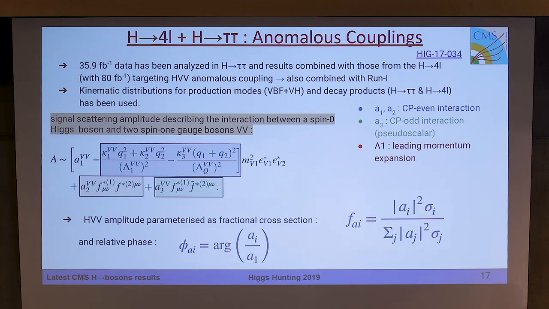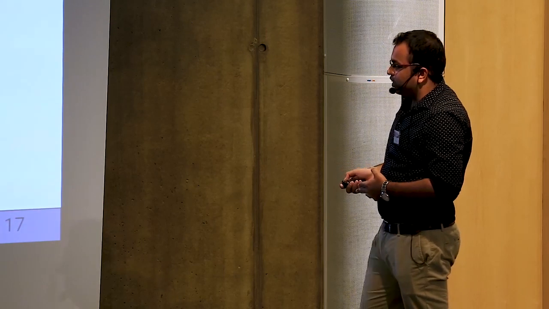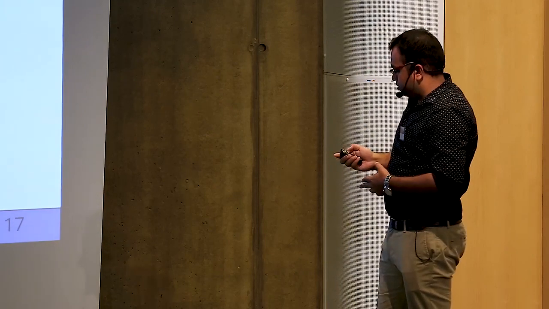This HVV amplitude can be parameterized as fractional cross sections. So we put limits on these fractions and the relative phases.